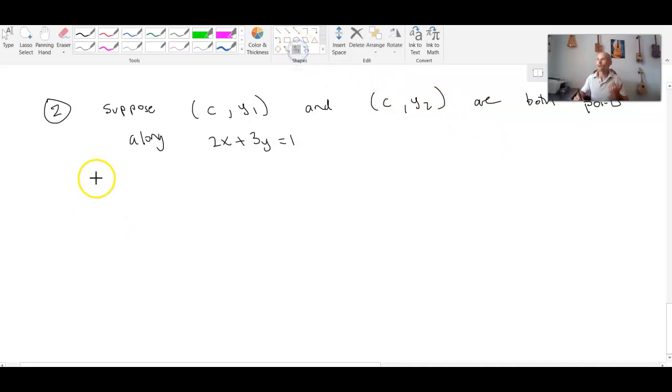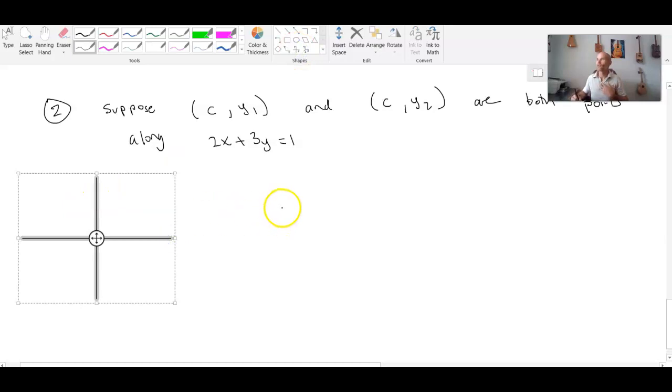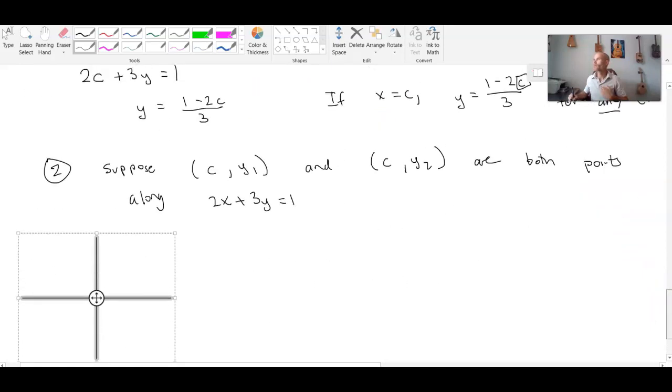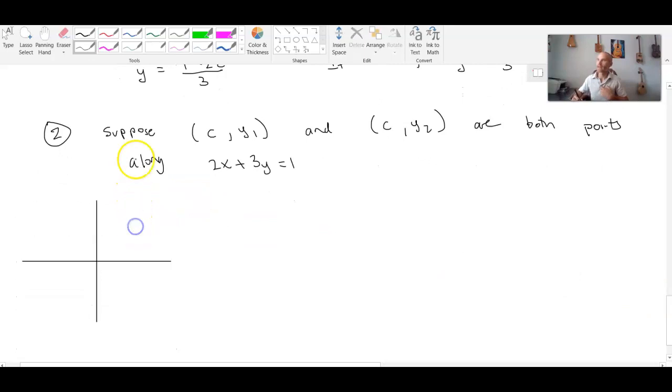So all we know so far is that if we were to graph 2x plus 3y, it would look something along the lines of a line that is decreasing from left to right. Okay, so if this is the line 2x plus 3y equals 1, what we've basically said here, suppose for a moment that there is a value of x that generates something called a y1 and it generates something potentially else called a y2.